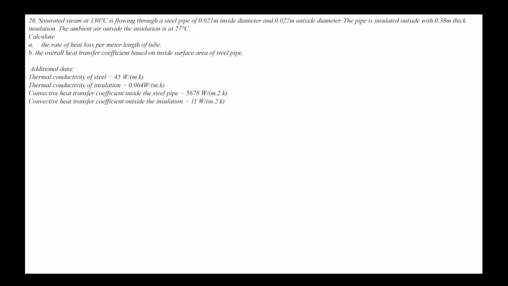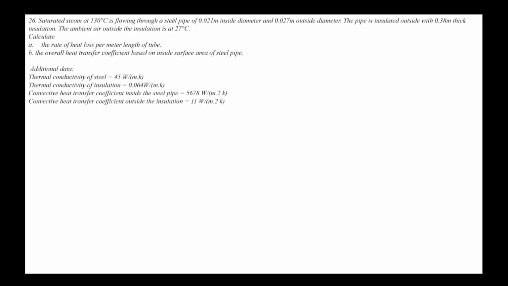Saturated steam at 130 degrees Celsius is flowing through a steel pipe of 0.021 meter inside diameter and 0.027 meter outside diameter. The pipe is insulated outside with 0.38 meter thick insulation. Ambient air outside the insulation is at 27 degrees Celsius.